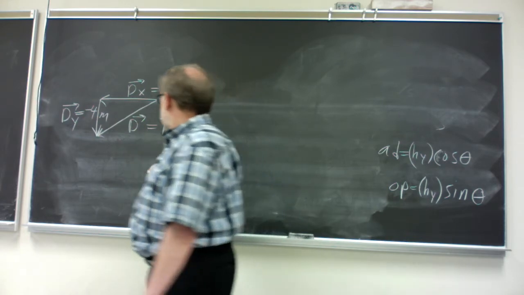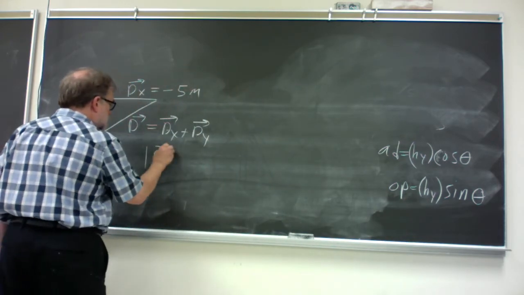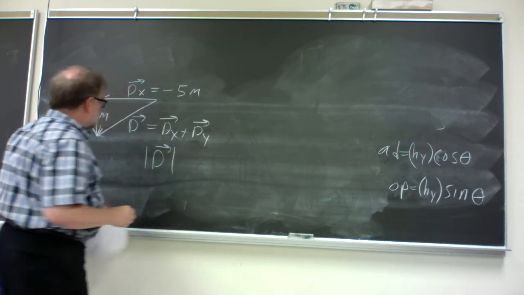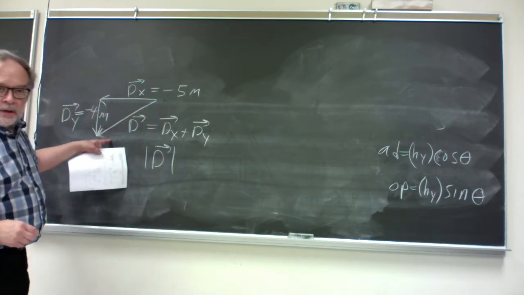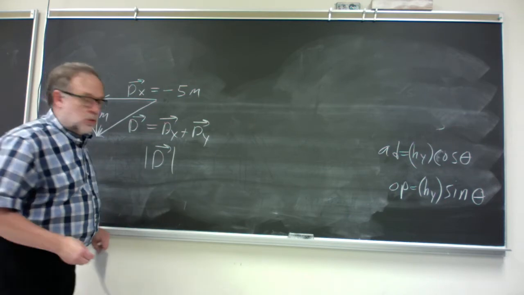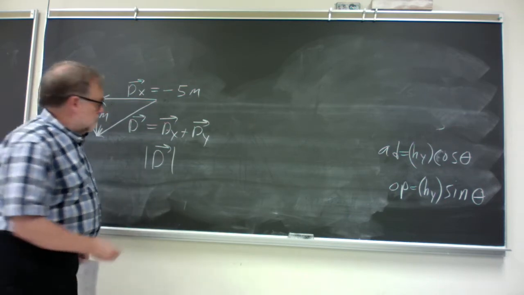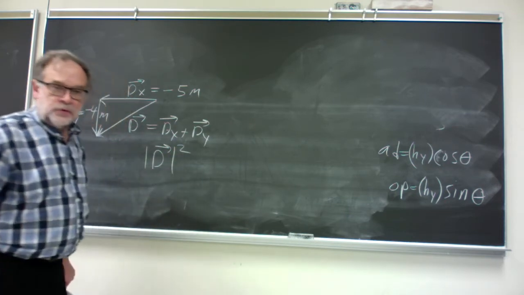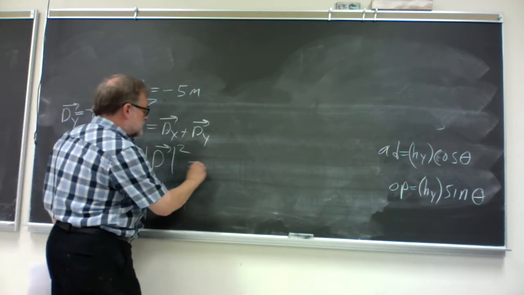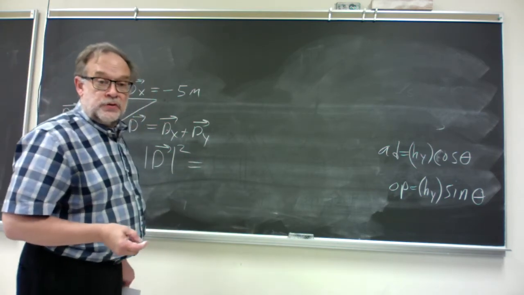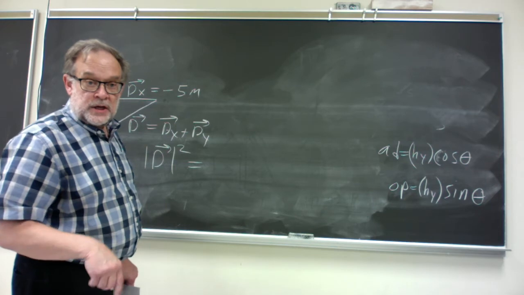The magnitude of d just corresponds to the length of the hypotenuse, and we know the Pythagorean theorem: the square of the length of the hypotenuse is equal to the sum of the squares of the other two sides.